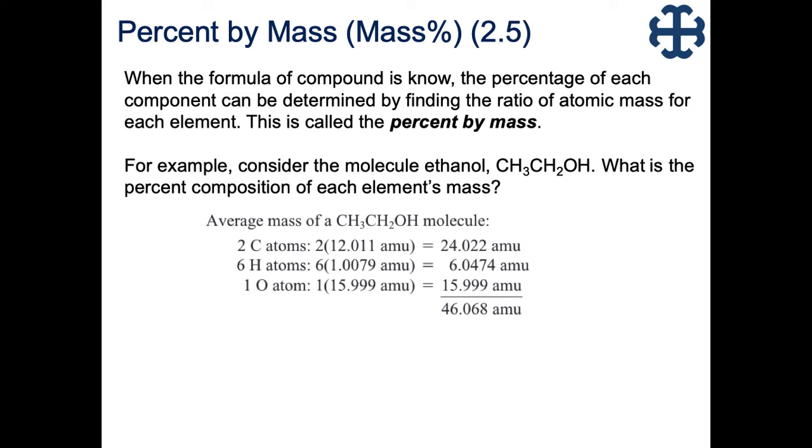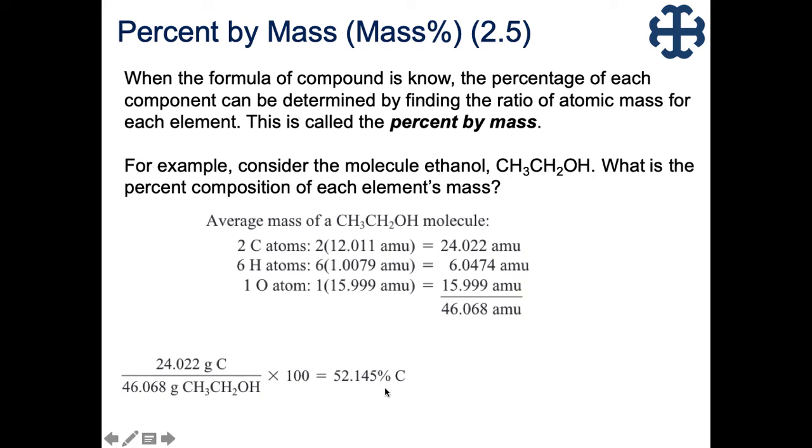That's step one. Then all we need to do is take each component. We have 2 carbon atoms for a mass of 24.02, and we divide the part by the whole. Anytime we have a percentage, we divide the part by the whole and multiply by 100, and we get 52.145%.